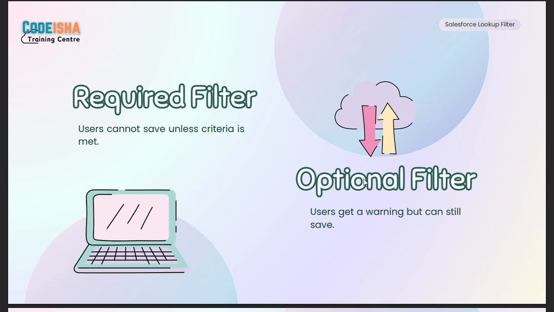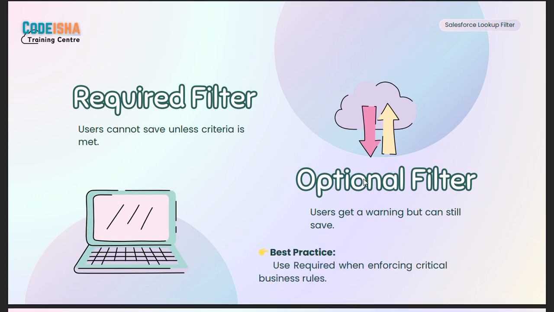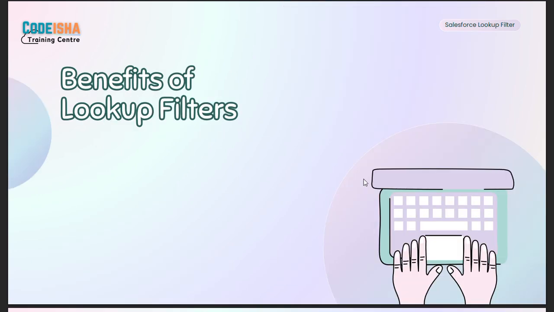Whatever specific criteria we have will be bypassed when we choose the optional filter. The best practice is to use required when enforcing critical business rules with the lookup filter feature.